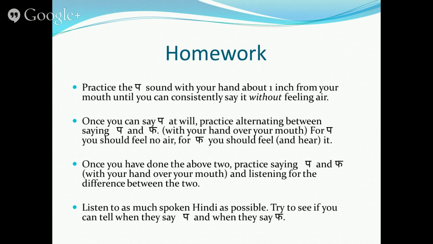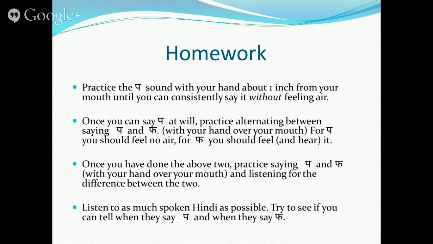And then, of course, I didn't put this here, but you can do the writing method where you write the letter, and each time you write the letter, you say it just to get your mind connected with the letter and the sound. So you write it at least 100 times. More is even better.